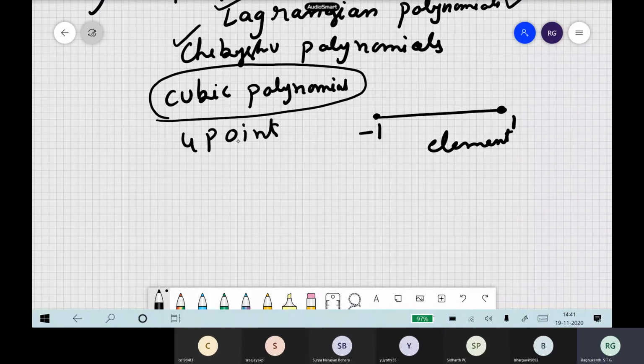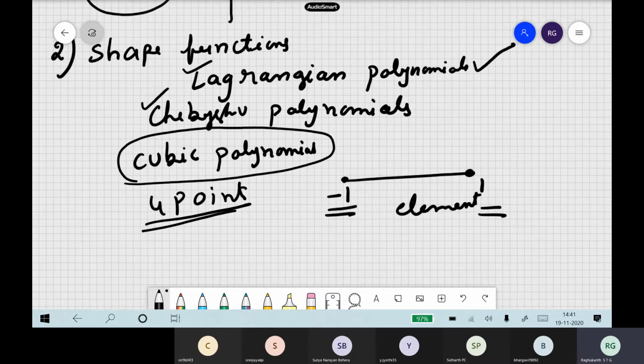Among these 4 points, 2 points are already fixed, -1 and 1. Now where will the other 2 points be located, these nodes? How do we choose those points? That is the most important step in spectral element.